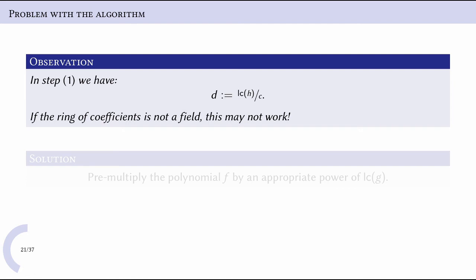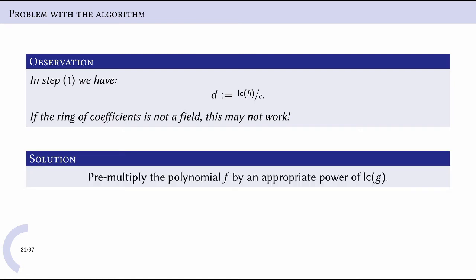However, as we observed, the only division that appears in this algorithm is the division by the leading coefficient. So we can make sure that all the divisions of coefficients are possible if we pre-multiply the polynomial f by a certain power of this leading coefficient.